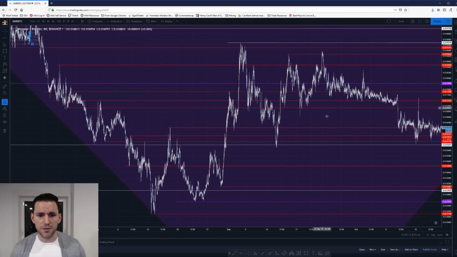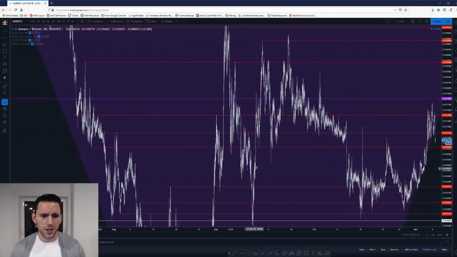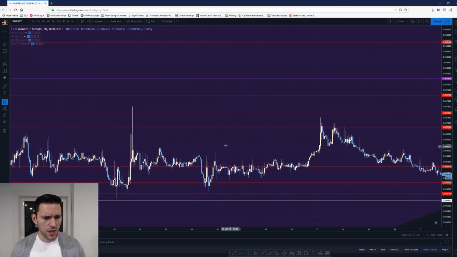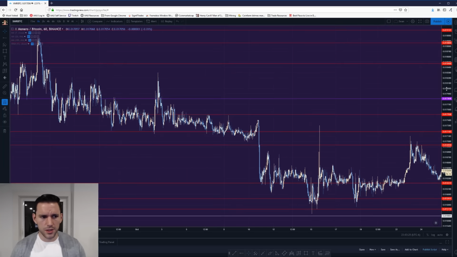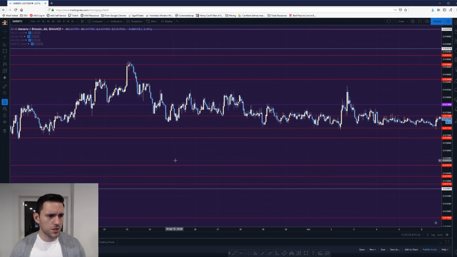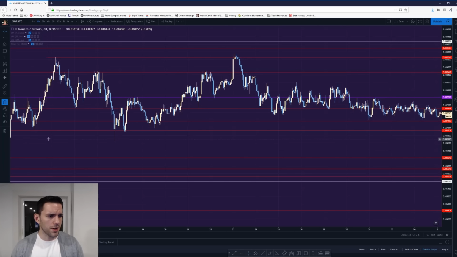So let's take a look at this and see how this looks with our levels. Now that we've identified this level segregation, if you want to call it, and the way these levels are working between levels, let's take a look, right? You can see that your price is pretty much 100% respecting these levels.